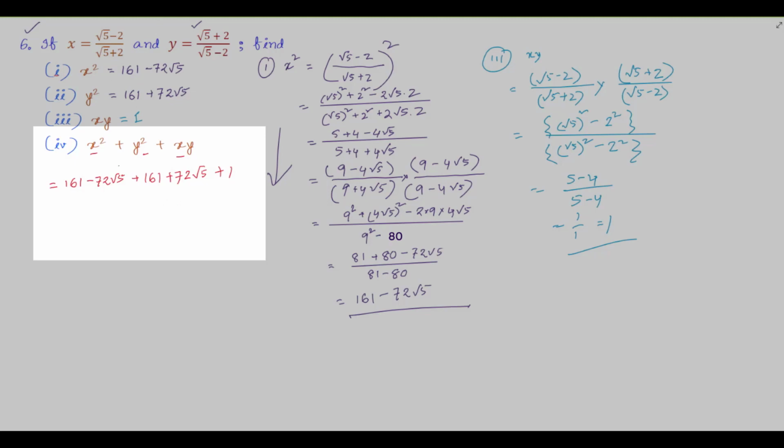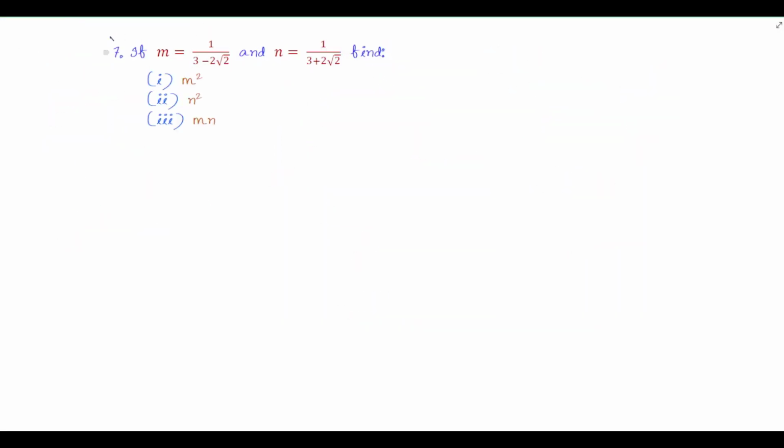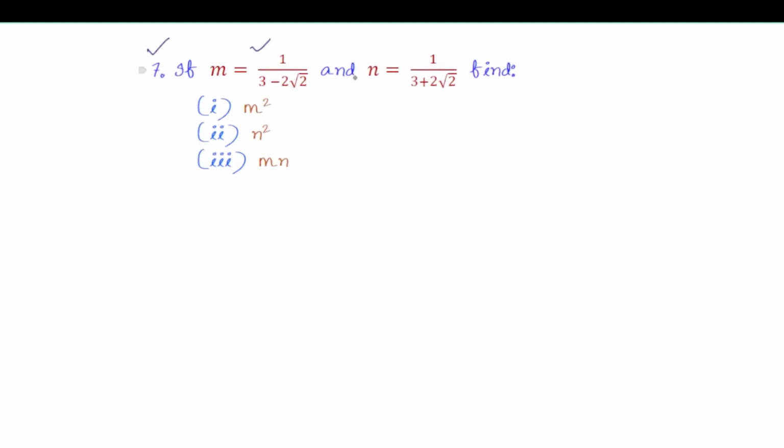So here the plus and minus terms get cancelled, so this is equal to 161 plus 161 plus 1, 323.